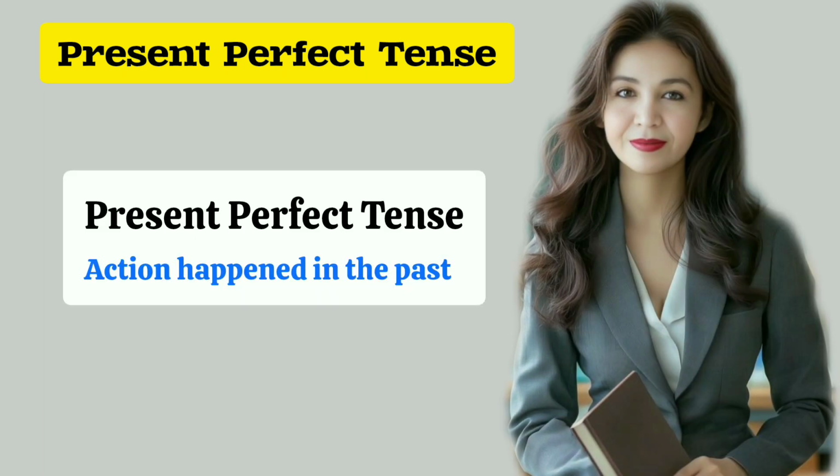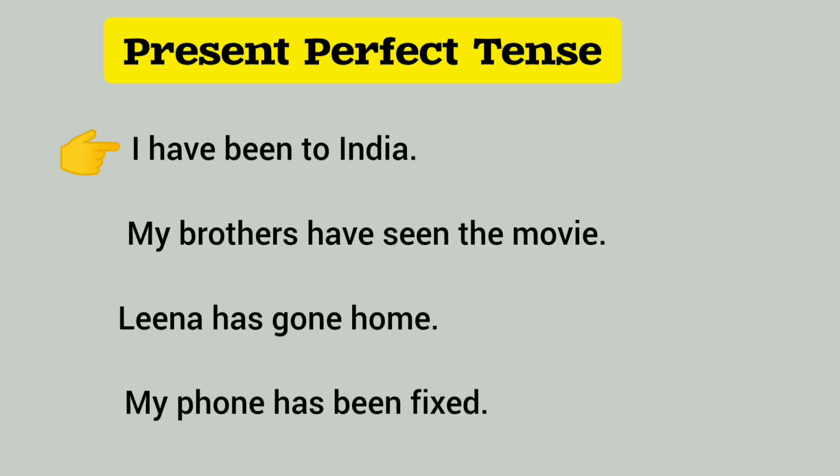This tense can be used to talk about an action that happened in the past, but when it happened is not important or not known. However, this action is important to the conversation right now. Let us have a look at these examples. The first one, I have been to India. What we do here is we start with the subject.